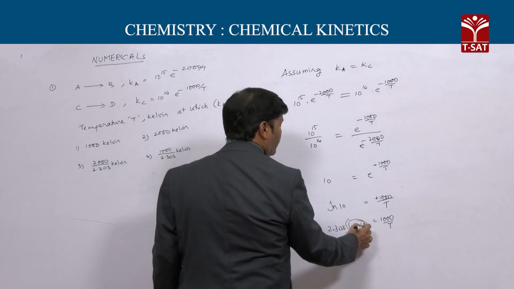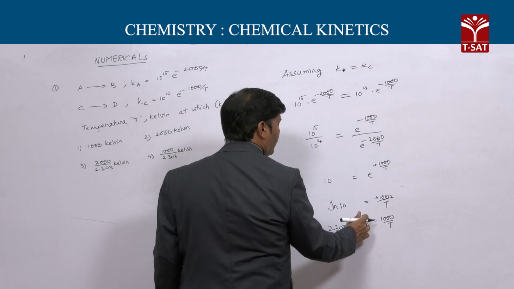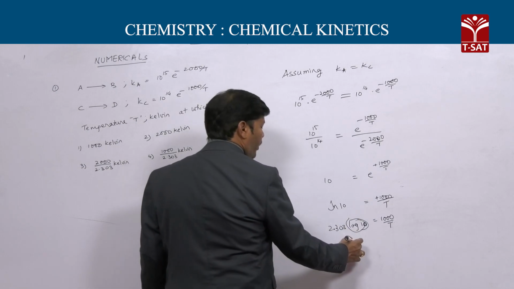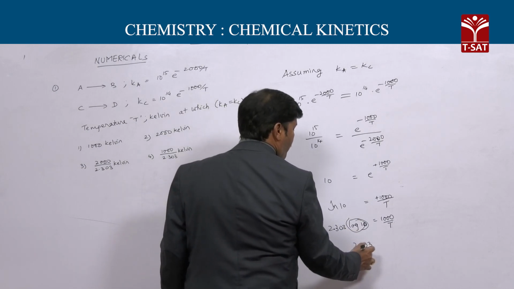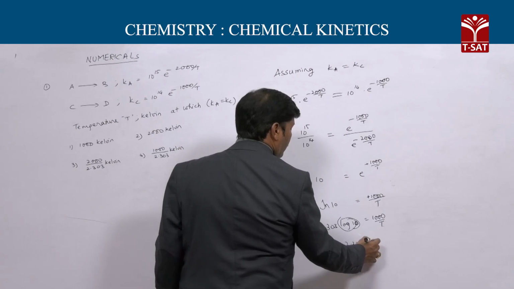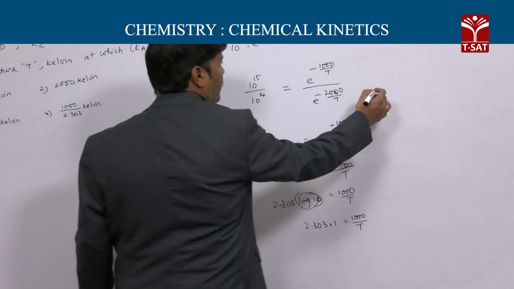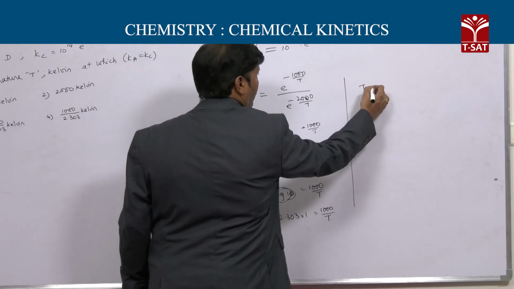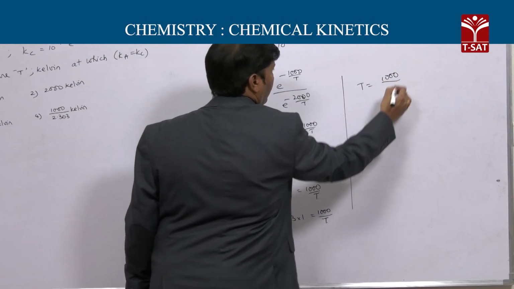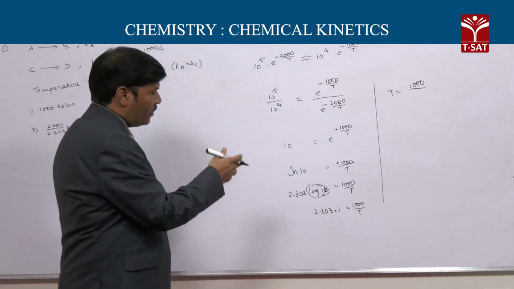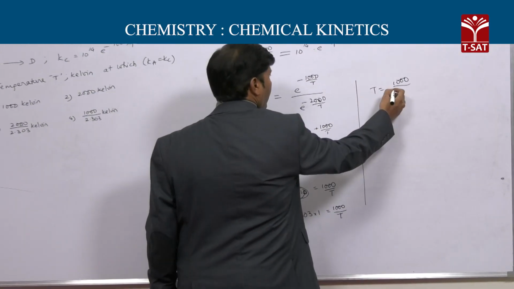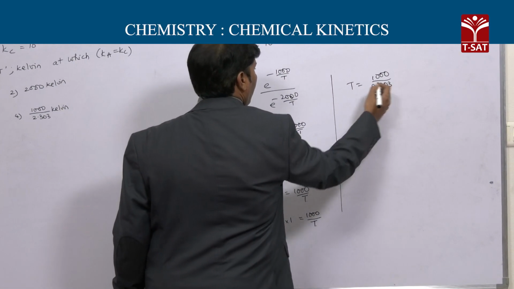So 2.303 into 1 is equal to 1000 by temperature. So finally temperature is equal to 1000 divided by 2.303, bringing the 2.303 to the RHS.